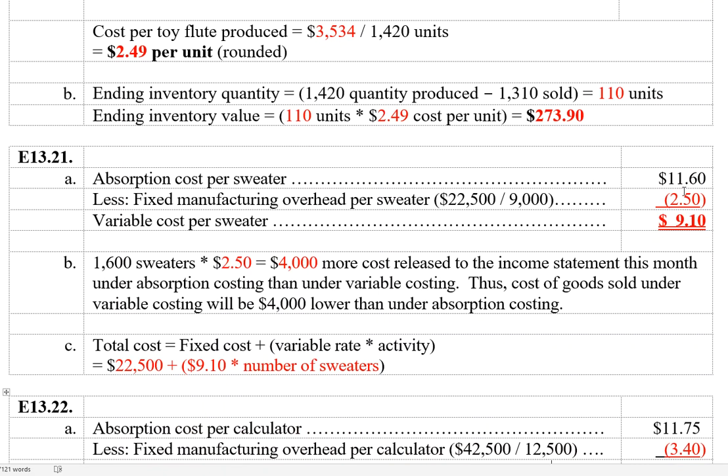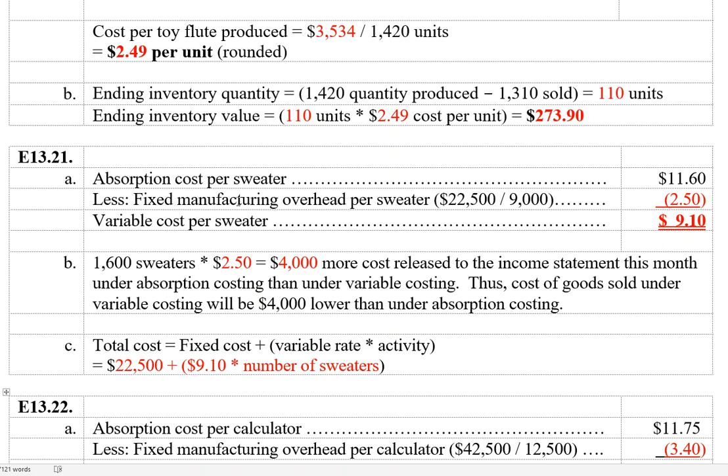Now remember I told you that we have the word absorption. We mean that there's just some fixed cost in there. And so in 1321, we've got Wool Creations that manufactures wool sweaters, and the cost incurred in making 9,000 sweaters is going to be $11.60.